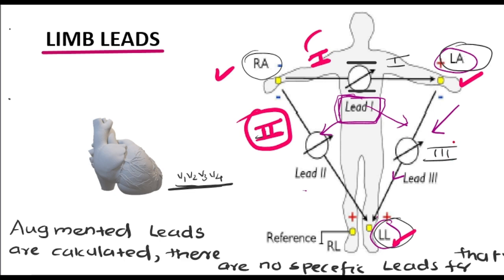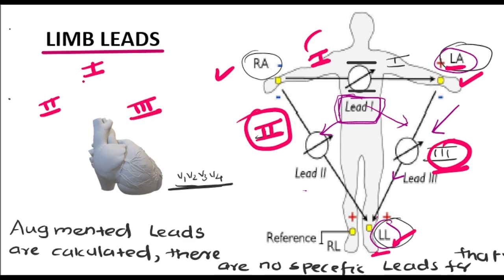Now we have limb lead 3 by connecting the left arm, left hand, and the left foot. This is lead 3. Now how to remember which one is lead 1, lead 2, lead 3? To memorize this, you can start numbering like this: 1, 2, 3.